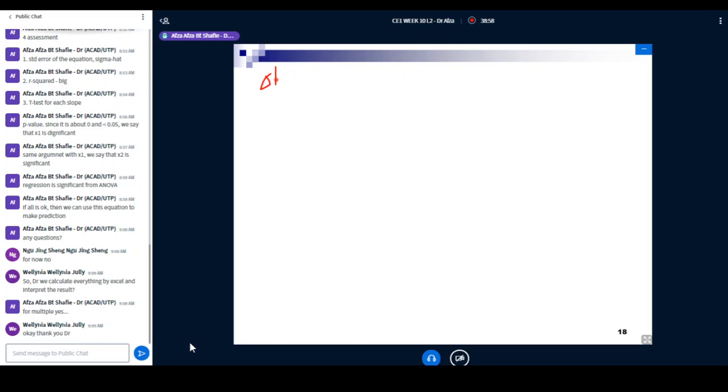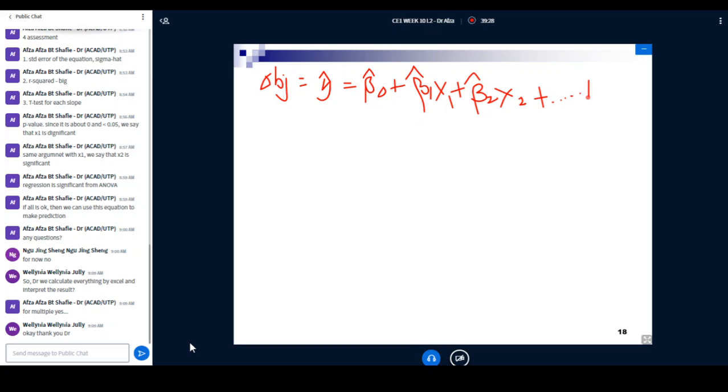The objective is to find the equation, plus beta k xk.